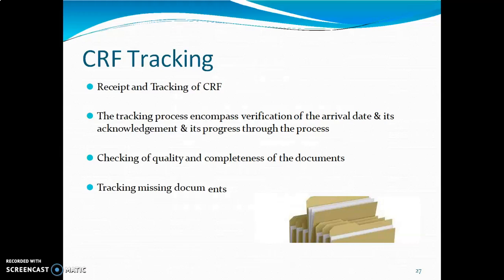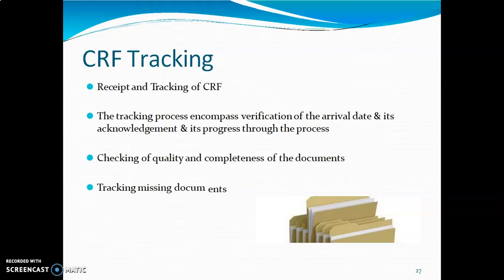Coming to CRF tracking, the receipt and tracking of CRFs: because each has a number, tracking becomes easy. The tracking procedure includes verification of the arrival date and its acknowledgement, its progress through the process, and checking the quality and completeness of the document.